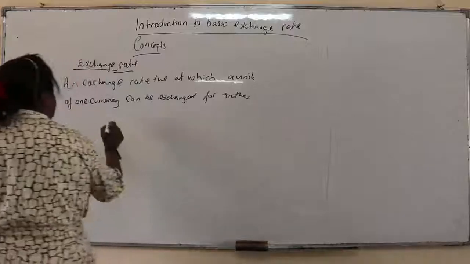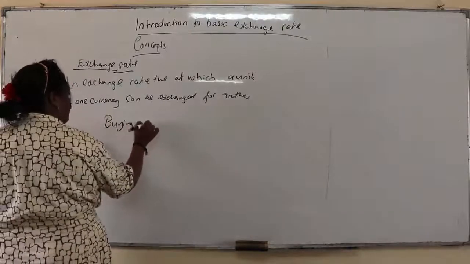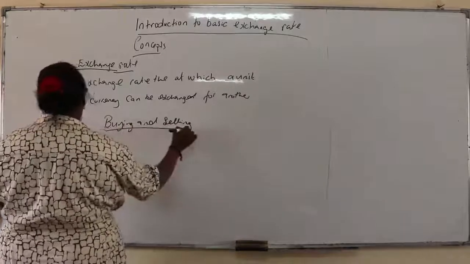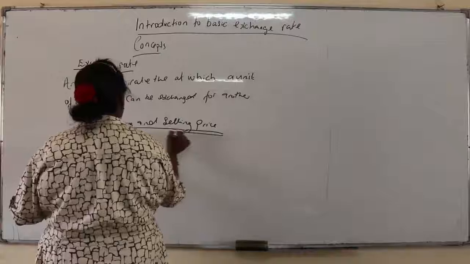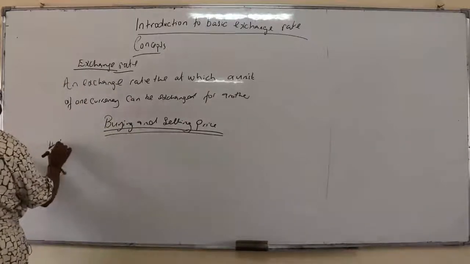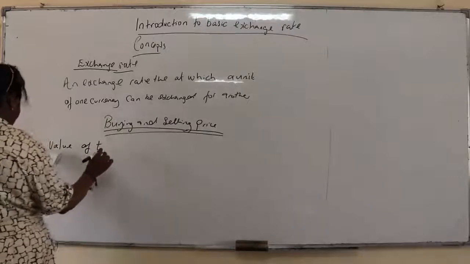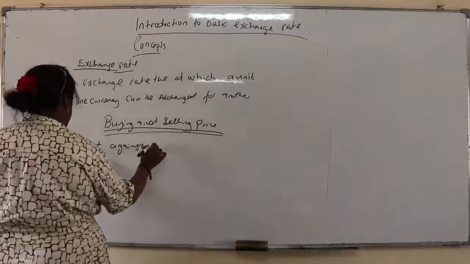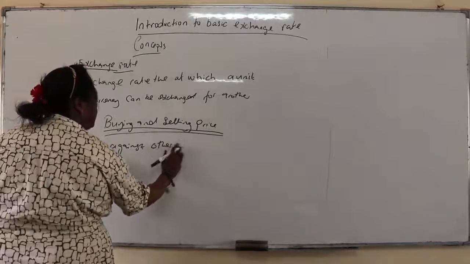So we have buying and selling price, the value of a pound against other currencies.